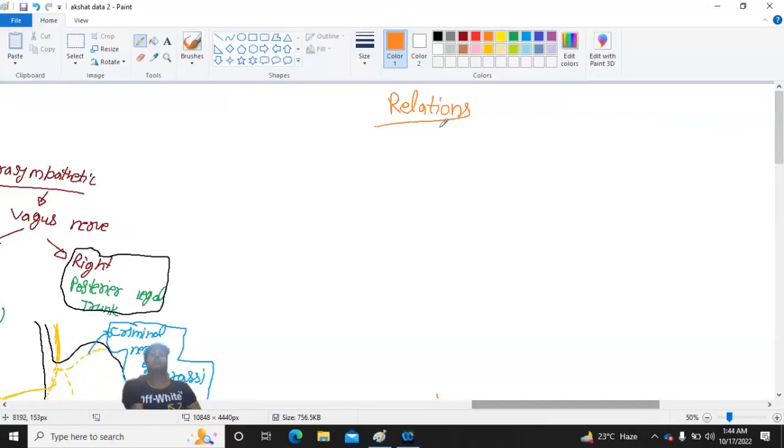First, posteriorly, we know it is the stomach bed. Posterior, we can write stomach bed.